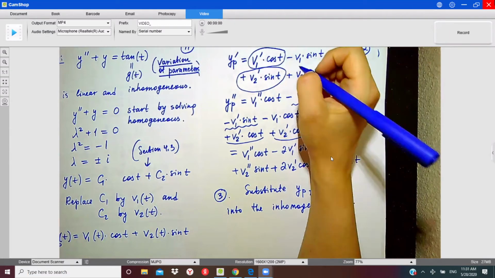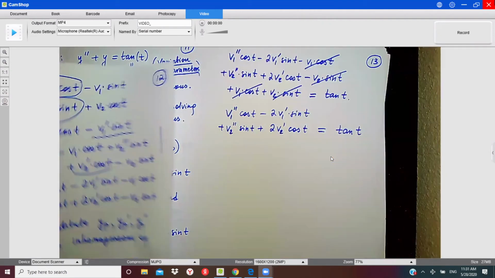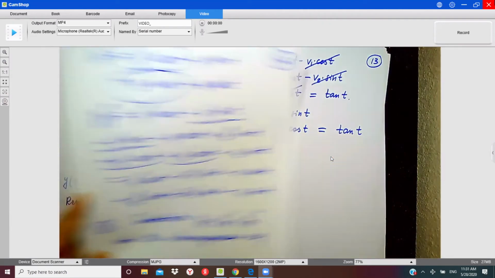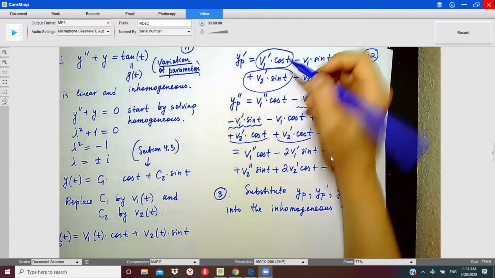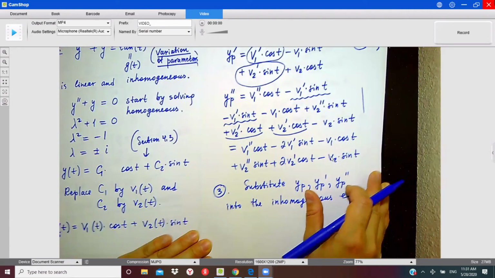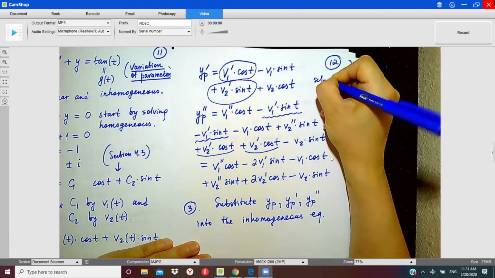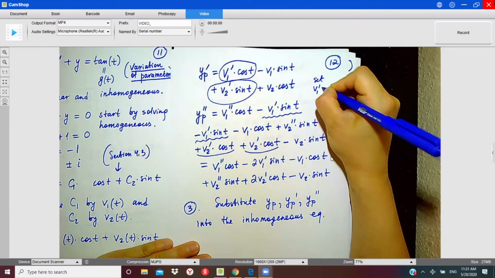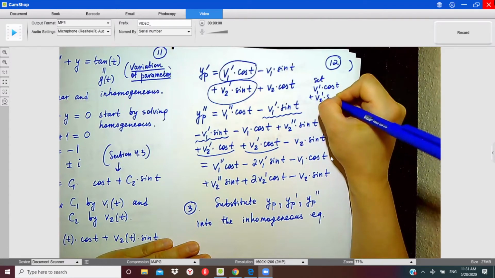So let us make some correction here to make life easier. So this is page number 12. So let me perhaps add over here, these two terms are zeros. Set v sub 1 prime cosine t plus v sub 2 prime sine t equals 0.